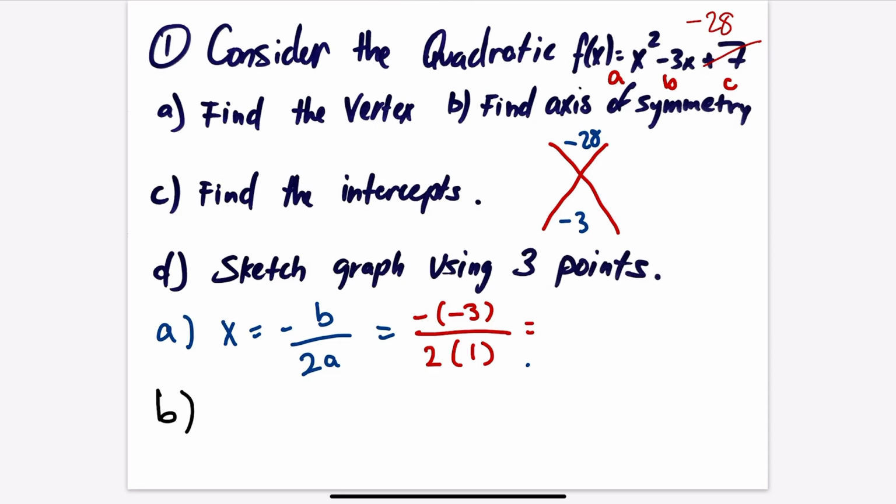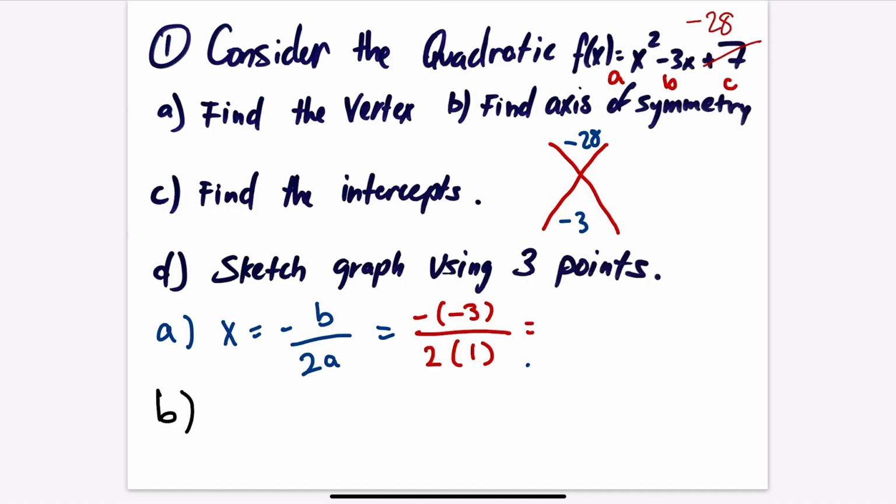I already did the math a little bit. Remember, I showed you previously A, B, and C is the label. A is 1, B is negative 3, and C is negative 28. This is one of the problems I fixed. In class, it was +7. It should have been negative 28, because in class, it wasn't factorable. So, whoopsie. Okay. So what two numbers multiply to negative 28 and add up to negative 3?